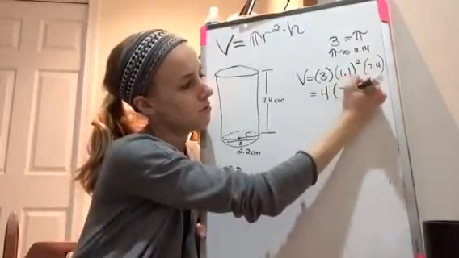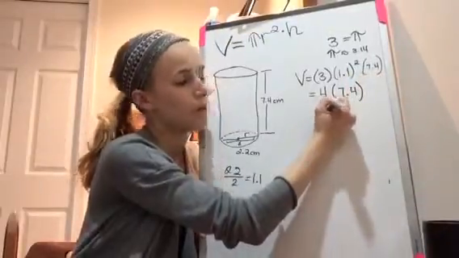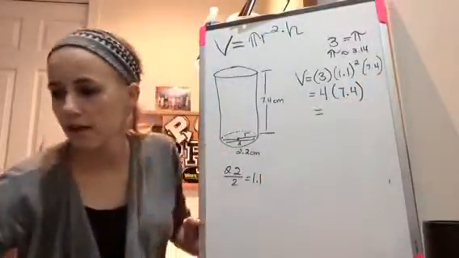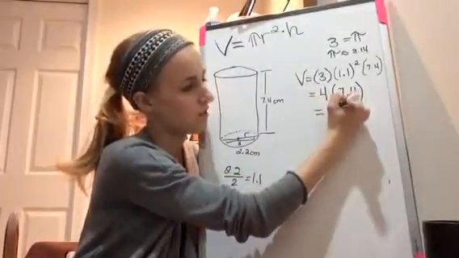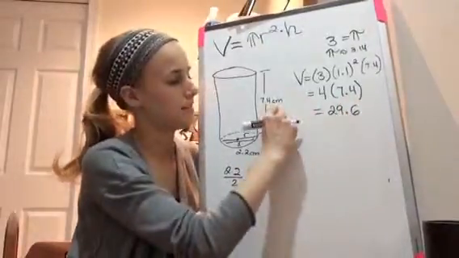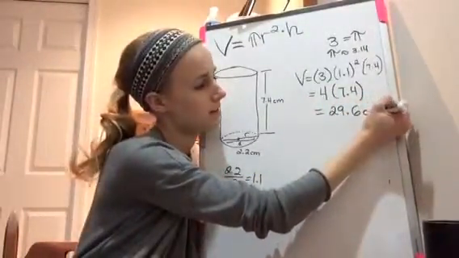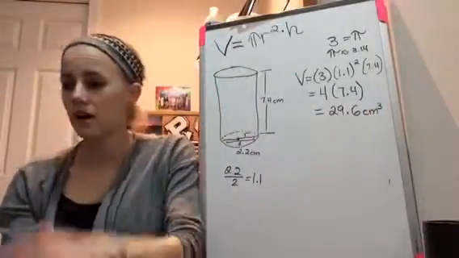And we still need to multiply by our height, which is 7.4. The answer I get, the estimated volume, is going to be 29.6. Now it's centimeters, so centimeters cubed. All right, that's our estimated volume.